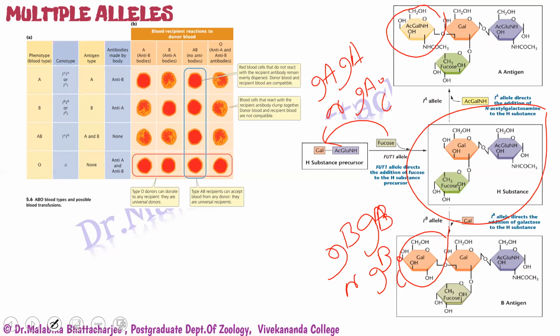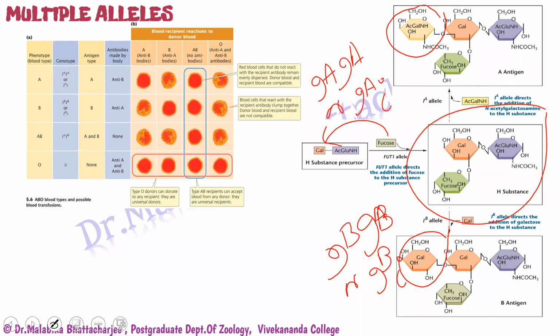So addition of N-acetylgalactosamine to H substance converts it to the A blood group, that is, A antigen is present on the surface of the RBC, or addition of galactose to the precursor H substance converts it into the B antigen.